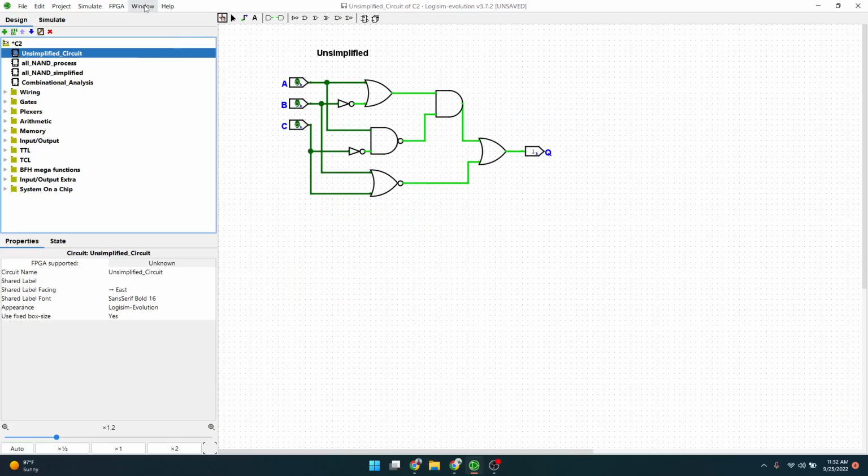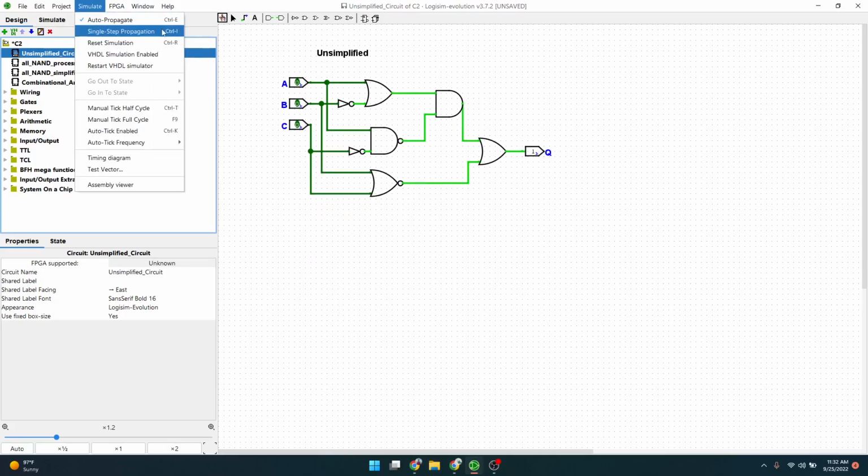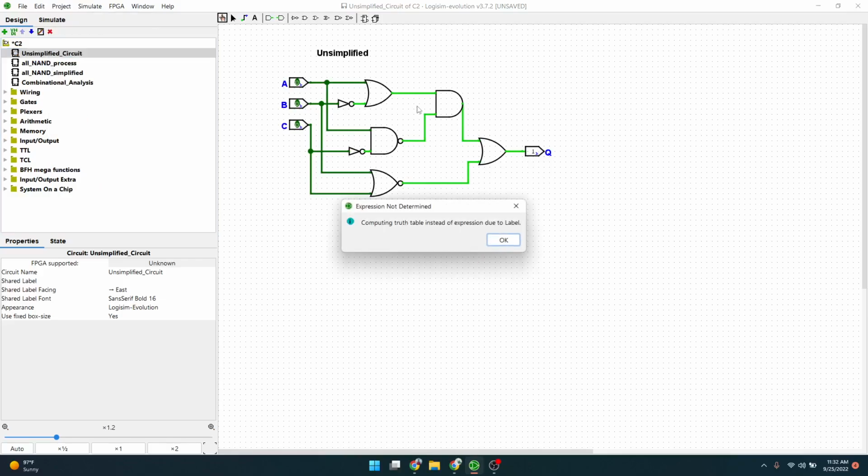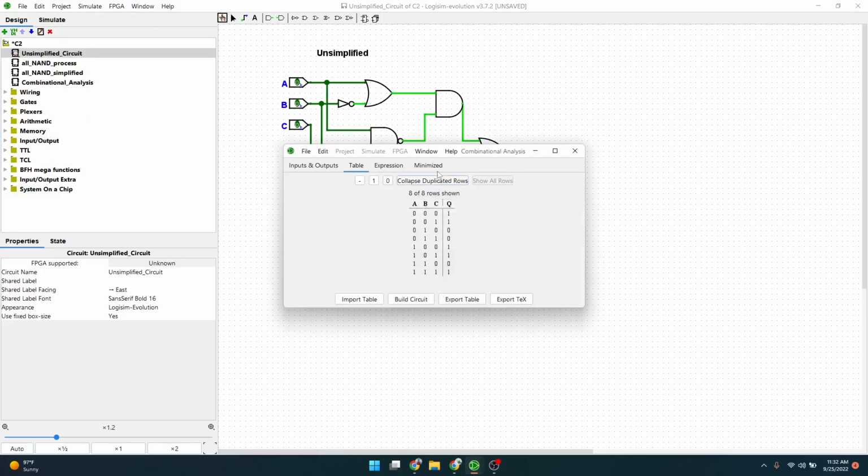Typically you would go to Window, then Combinational Analysis. But in order to get equations generated by Logisim, we can go into Project and then Analyze Circuit. It'll compute a truth table and an expression for us. Here's the table it computed for this unsimplified equation, the original equation.